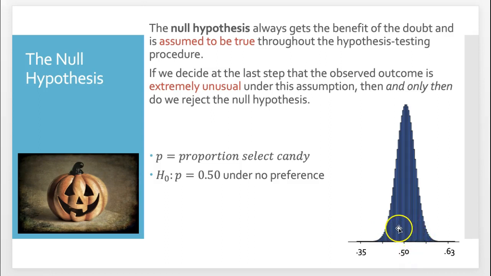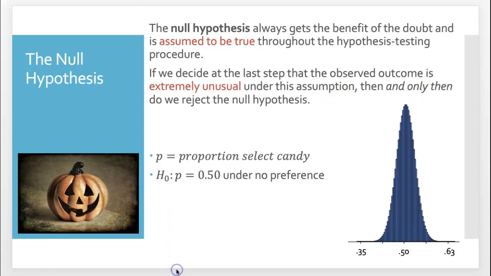So we can expect to see these sample proportions around here, given that the population proportion is 0.50. But around here, these are extremely unusual sample proportions to see. So if we get a sample proportion out here, it's extremely unusual to view that, given that the center is 50%. And in that case, we would reject the null hypothesis.